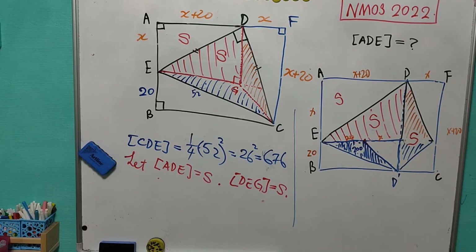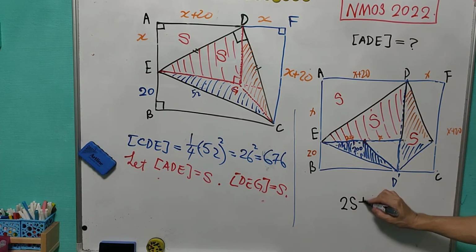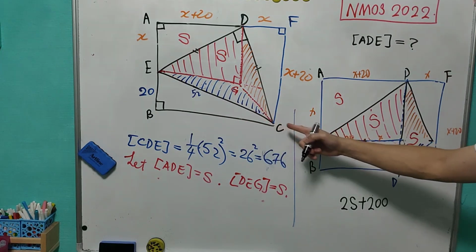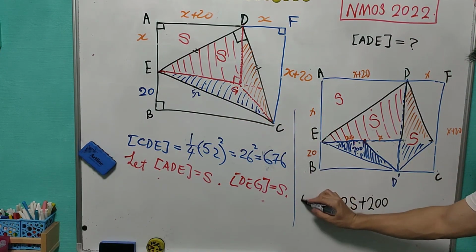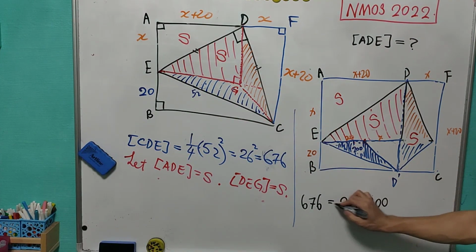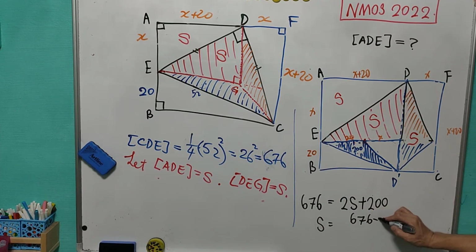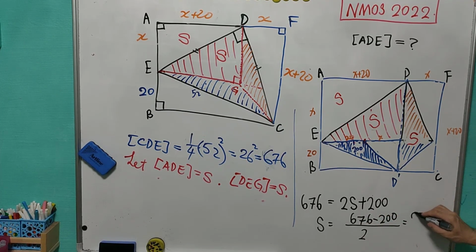So now we finally find out that this total area will equal 2S plus 200. And this is exactly the same as the triangle CDE, which is equal to 676. Therefore, S will equal 676 minus 200, over 2. That again gives us 238 units square.